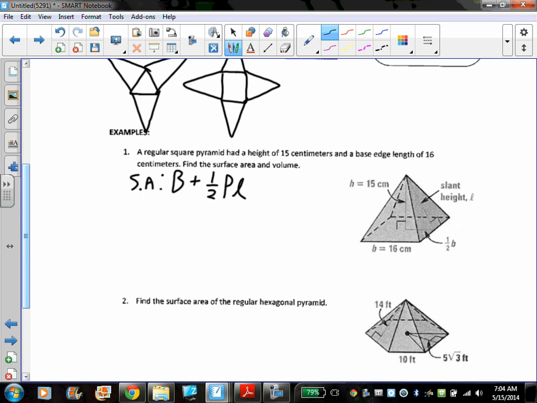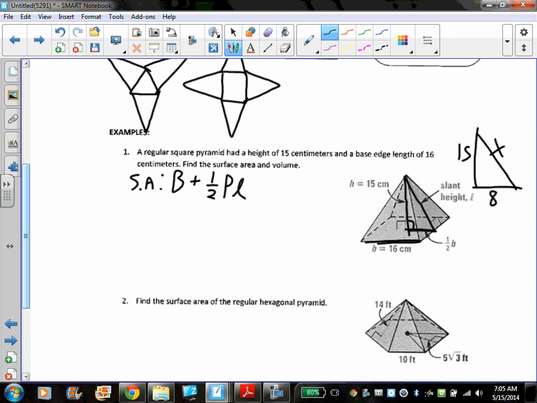We do not have the slant height yet, but we know that from this height here, which is 15, if we go to where the slant height meets, notice that we're forming a right triangle. We know the height is 15, and since this is a regular shape, we know that from that height that's going straight down, we're going to be halfway over, so we're going to have a length of 8 on the bottom, since the full length we know is 16.